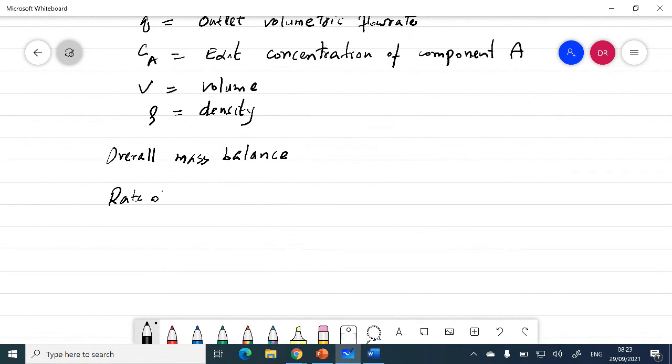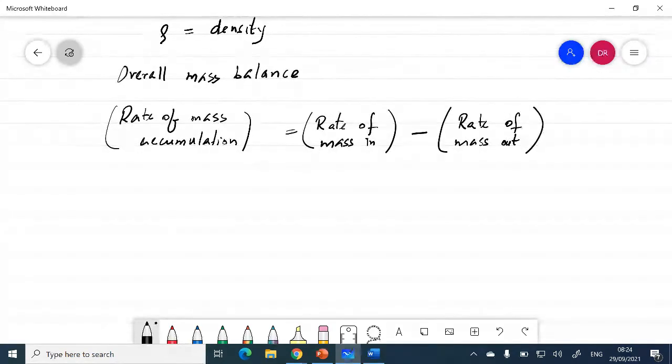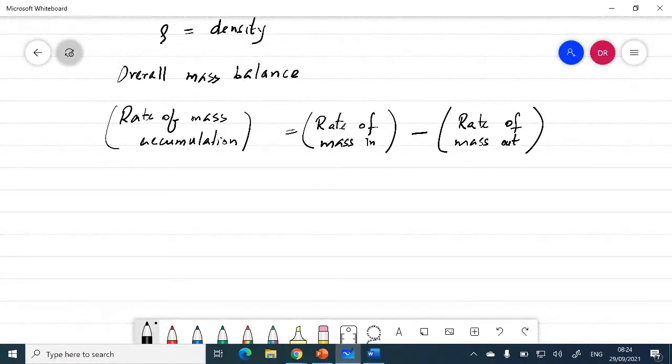This is the rate of mass accumulation. Rate of mass accumulation is equal to the rate of mass in minus rate of mass out. Here this is the mass flow rate, but we will write in terms of volumetric flow rate.